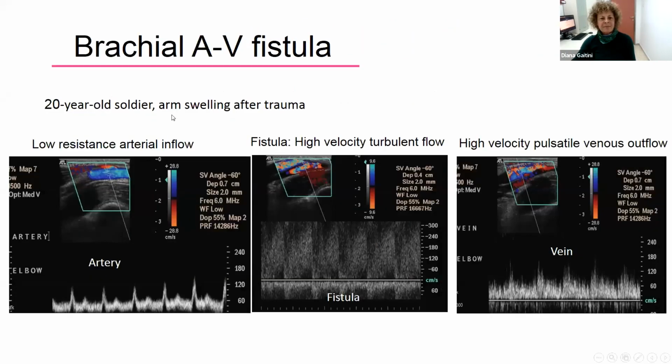This is a brachial AV fistula, in a patient that came with a warm arm swelling after trauma. We see the high velocity turbulent flow at the level of the fistula, the low resistant arterial inflow, and the high velocity pulsatile venous efferent flow.